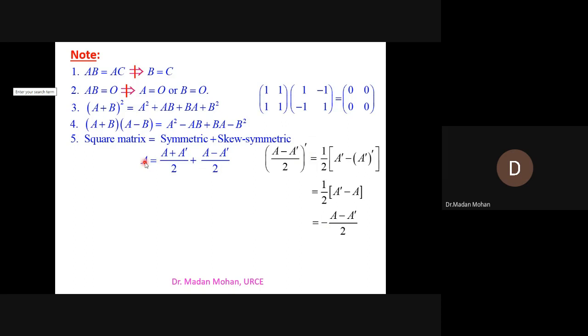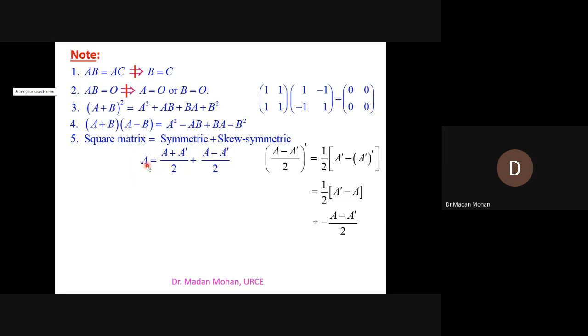So A plus A transpose by 2 is a symmetric matrix. A minus A transpose by 2 is skew symmetric. Now if you add both, what happens? Please observe. LCM is 2 only. A plus A transpose plus A minus A transpose. What happens finally? A transpose gets cancelled. 2A by 2. You get A only.